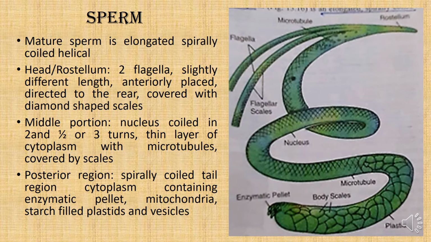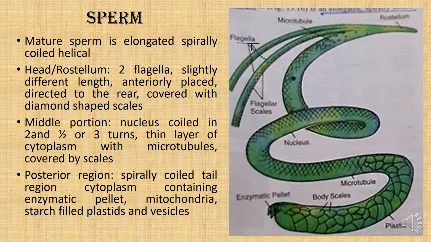Now this is the structure of the sperm. This is a characteristic structure of all Charophycean algae, and that is this spirally coiled sperm body, much elongated, tubular, spirally coiled. This coiled body has two flagella for movement. Both these flagella are of similar structure, but there is a slight difference in their size.